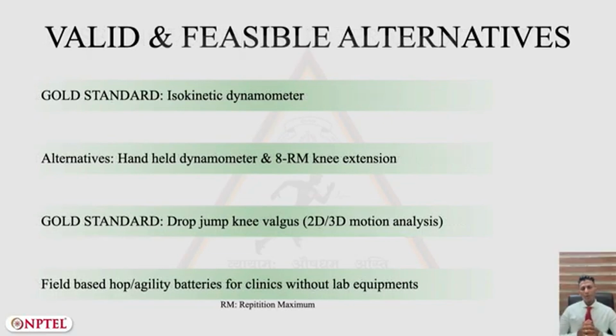Let's talk about some valid and feasible alternative testing criteria. Gold standard measures exist but are not always available in all institutions with all clinicians. Isokinetic dynamometry is the gold standard for testing.